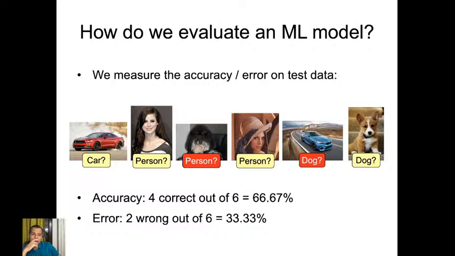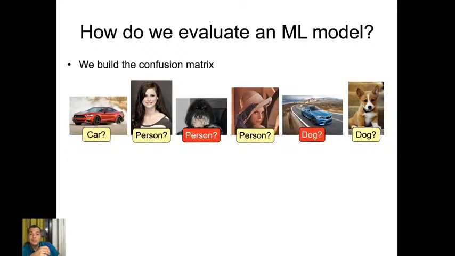So the accuracy is 66%. And the error, we have 2 wrongly labeled examples, and the error is 33%. So this is the error of the model, or the misclassification error rate, or the accuracy.